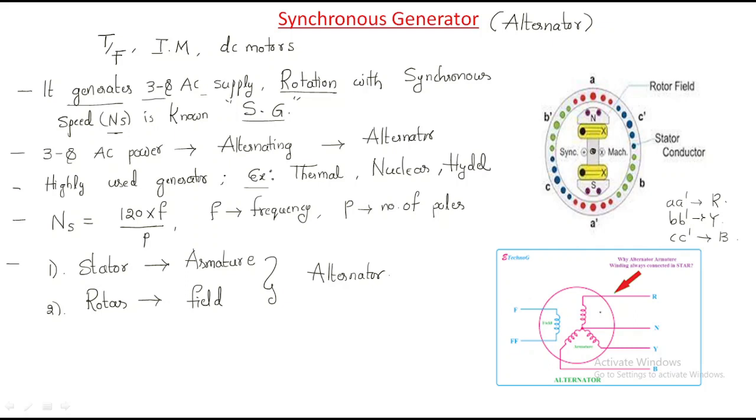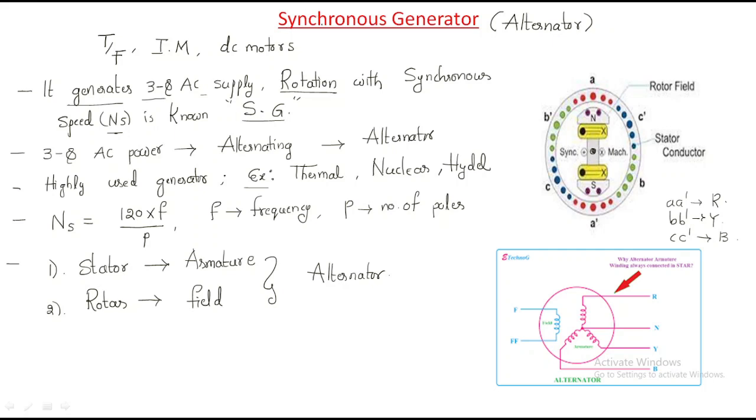This part is the field, the R phase is generated in this winding, the Y phase in this winding, and the B phase in this winding. This is the main construction diagram of the three-phase alternator. Simply, the synchronous generator generates three-phase AC power with the rotor at synchronous speed.